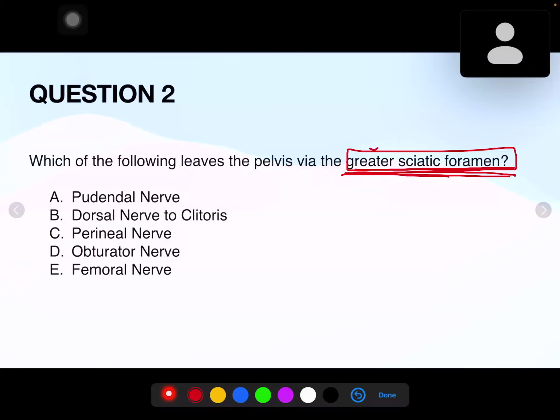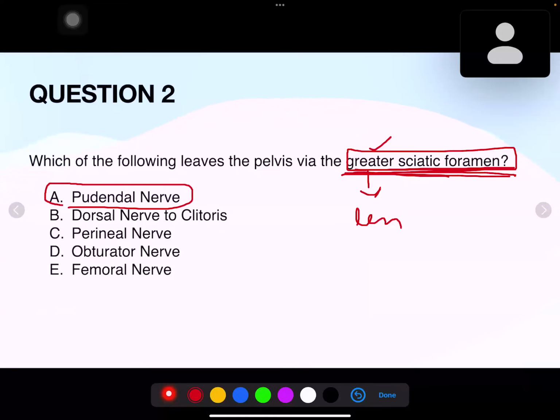Whenever this question arises, whether greater or lesser, if you see the pudendal nerve or pudendal vessels, just select it, because the pudendal nerve and vessels pass through both foramina. You don't even need to see all the options. The pudendal nerve leaves the pelvis by the greater sciatic foramen.